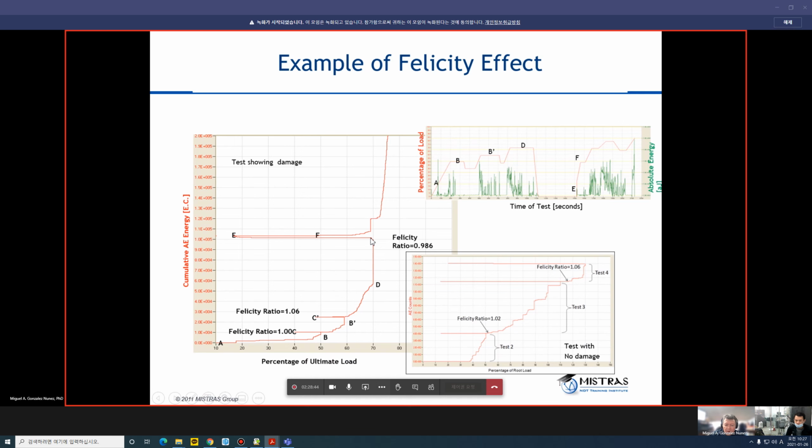But in this one, we started to see a decrease in the Felicity ratio, which is indicative of the damage evolution in this turbine blade. All right, now if we magnify this area here, you can see more clearly the effect of the Felicity ratios here.